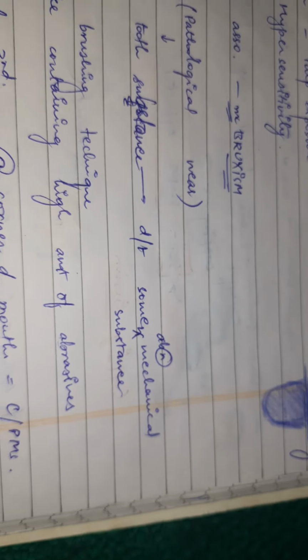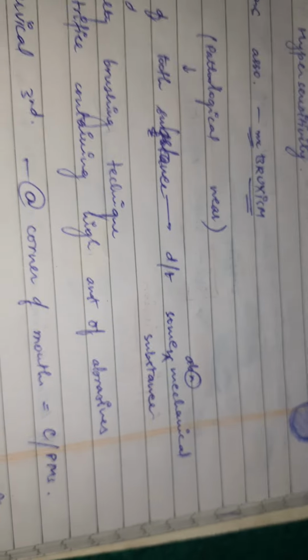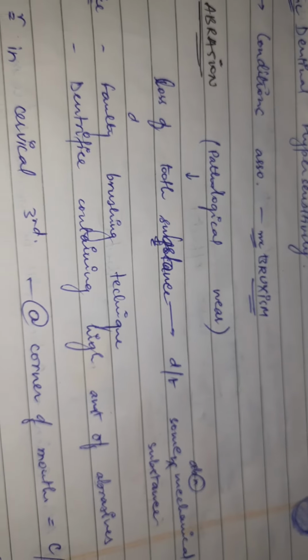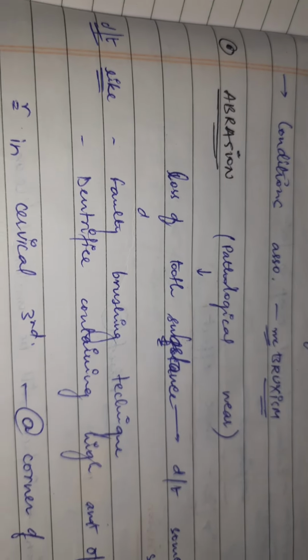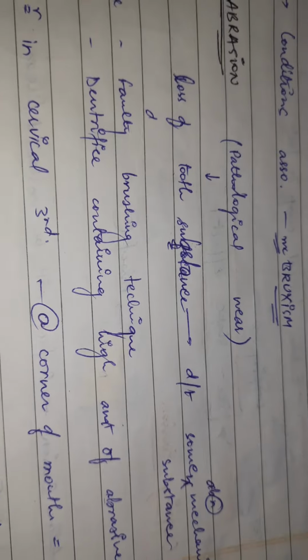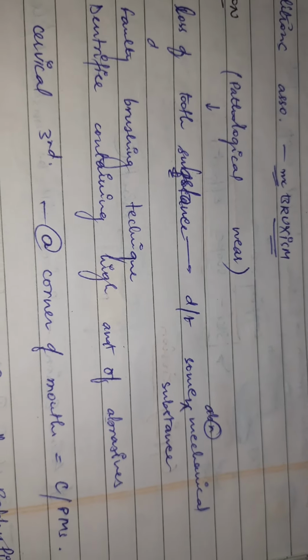Okay, now abrasion, pathological wear, abnormal loss of tooth substance due to some abnormal mechanical action, like a faulty brushing technique or a dentifrice containing a high amount of abrasives.